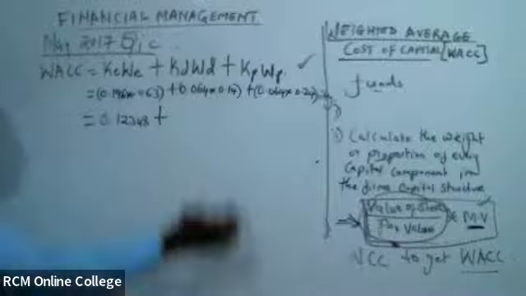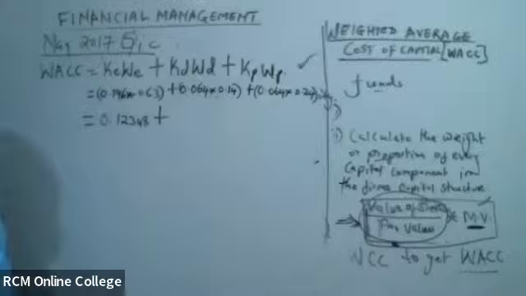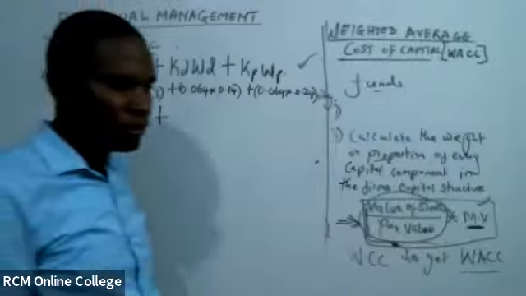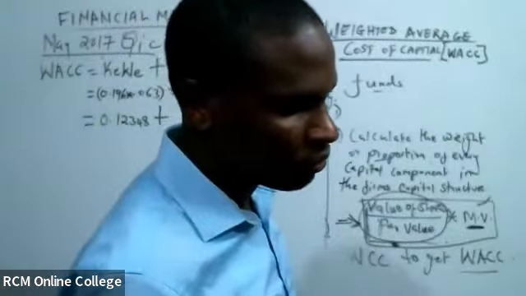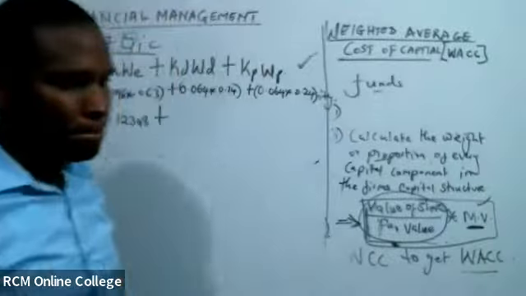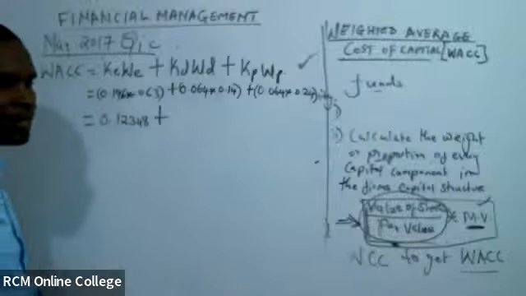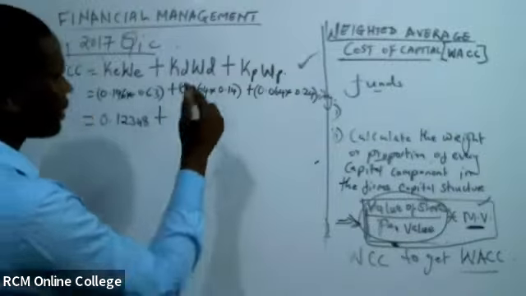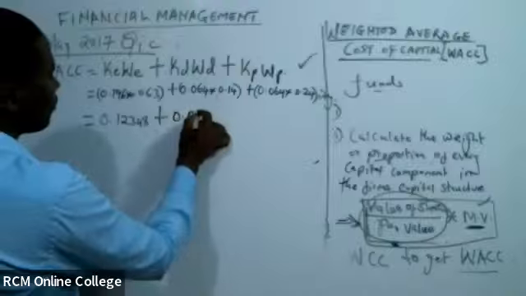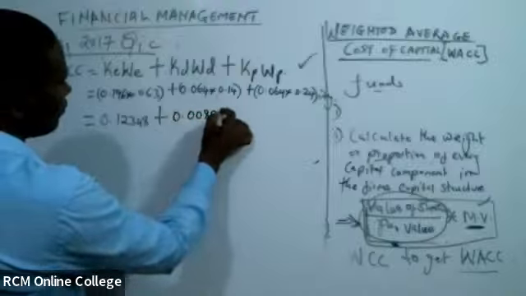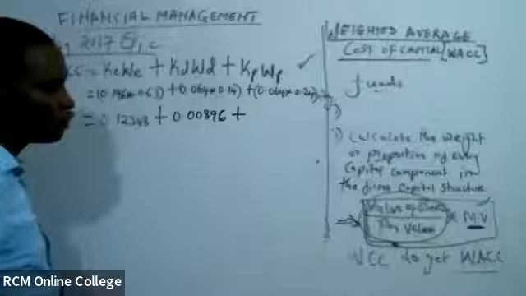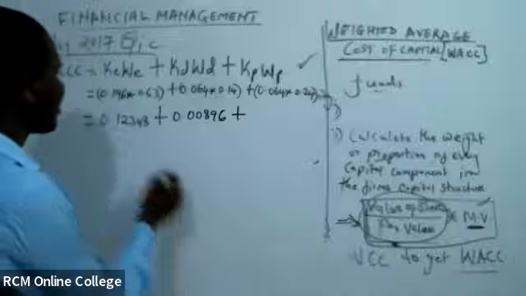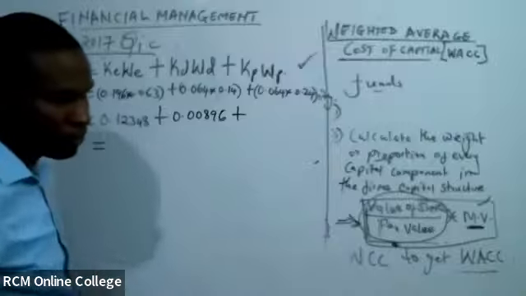Ya pili ni ngapi hapa? 0.00896. Class, nipatie ya mwisho, the last one but not the least, and then get the total.